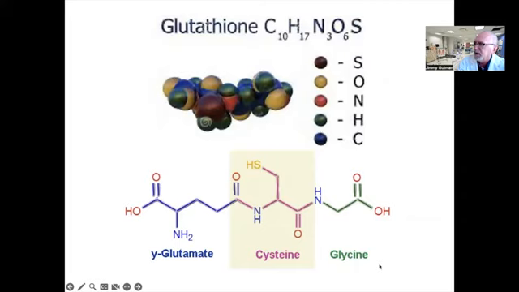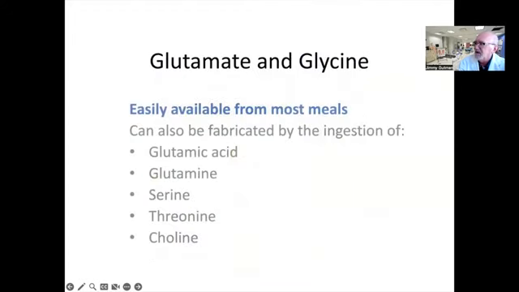Glutathione is a tripeptide, meaning it's a small protein made up of 3 amino acids, those being glutamate, glycine, and cysteine. It's the cysteine that has the sulfhydryl group where most of the biological activity takes place. As far as the glutamate and glycine amino acids go, these are easily found in most diets and appear in most meals.